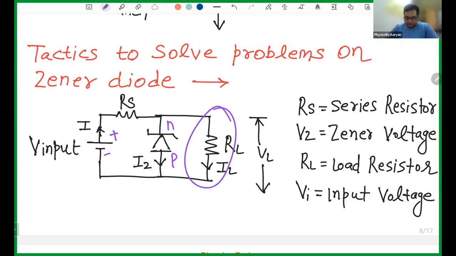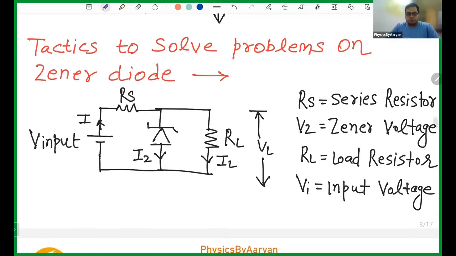And in the end, you will have the load. Load can be anything. In circuits, we draw a load resistor, but in actual reality, load can be an air conditioner, a fan, a laptop, mobile charging, anything. So we will be given the series resistor, the load resistor, the input, and the Zener diode.